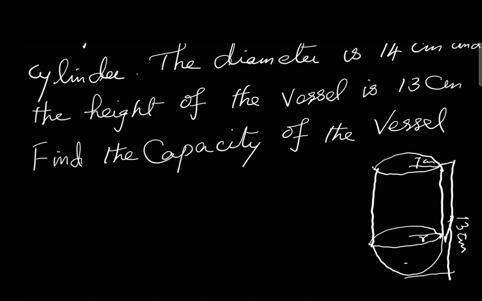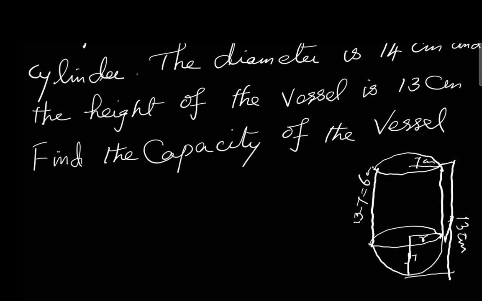So this 13 centimeter includes the height of the hemisphere, which is already mentioned here, 7. The radius is the same everywhere, so that is the height of the hemisphere. So 13 minus 7 is equal to 6 centimeter, which is the height of the cylinder.